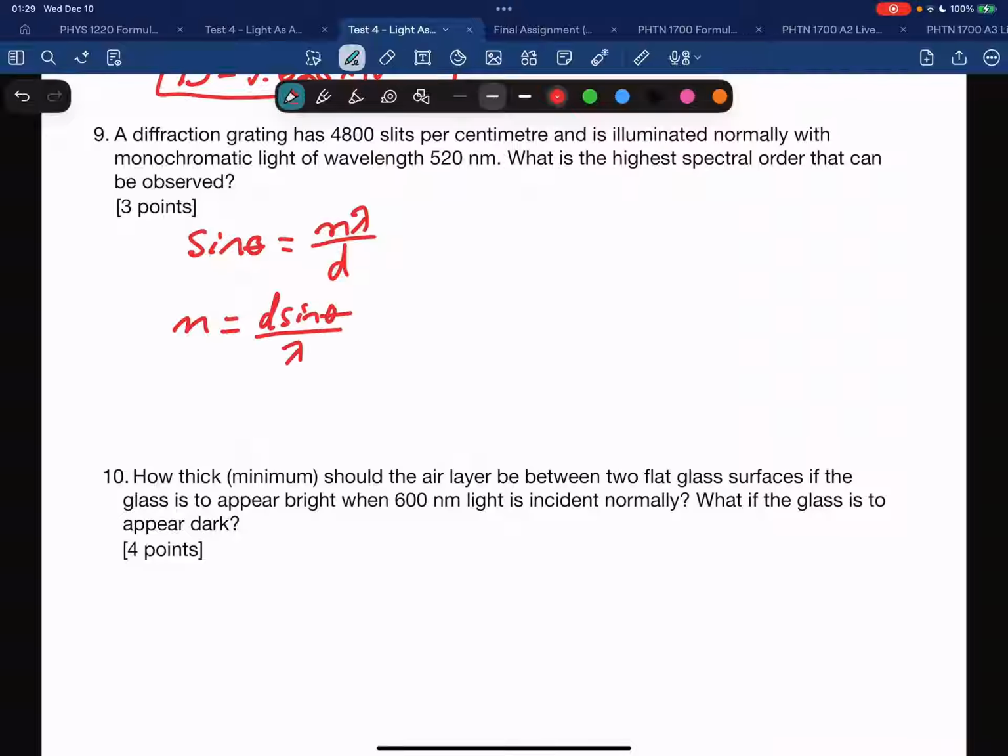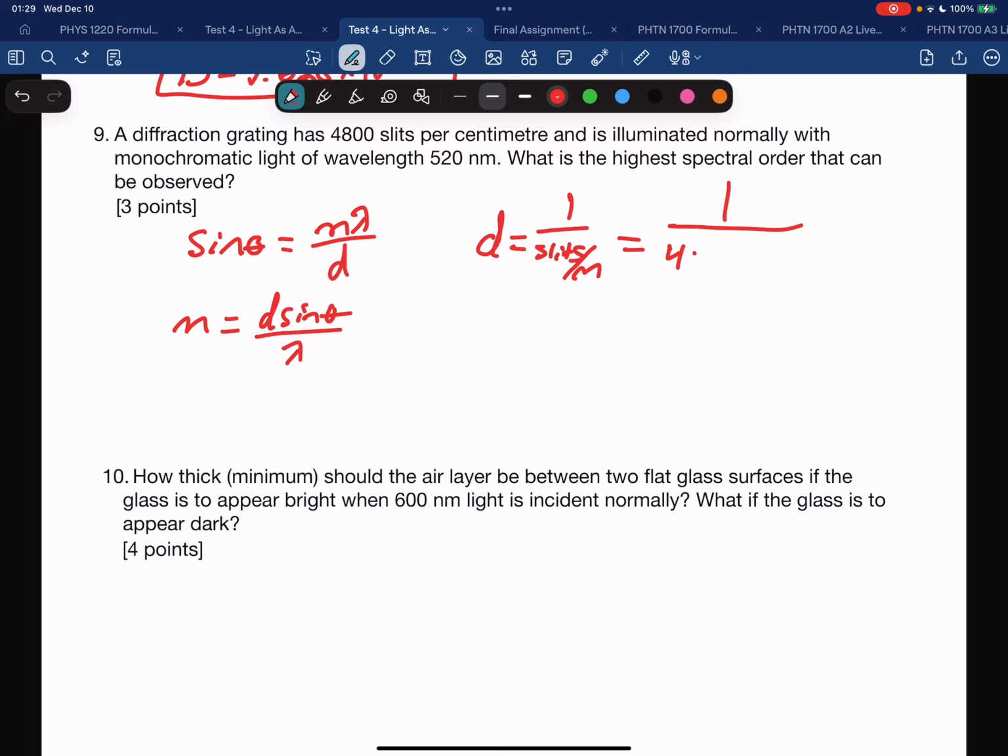All right, let's figure out what these values are. We are given lambda, and we are not given anything else. D is not just 4,800. D is equal to 1 over slits per meter. Okay, well, here we have 4,800 slits per centimeter.